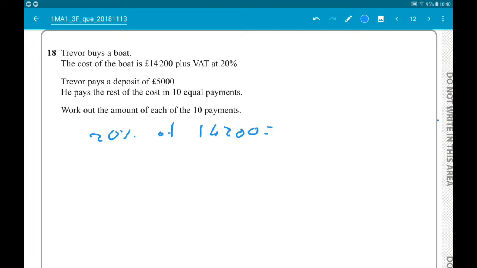So remember to calculate paper, so you can just do 0.2 times 14,200. And that is going to give you 2,840 pounds.